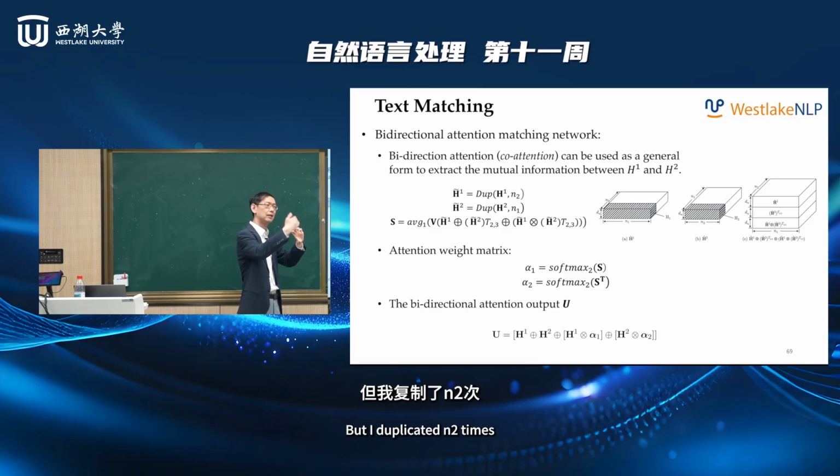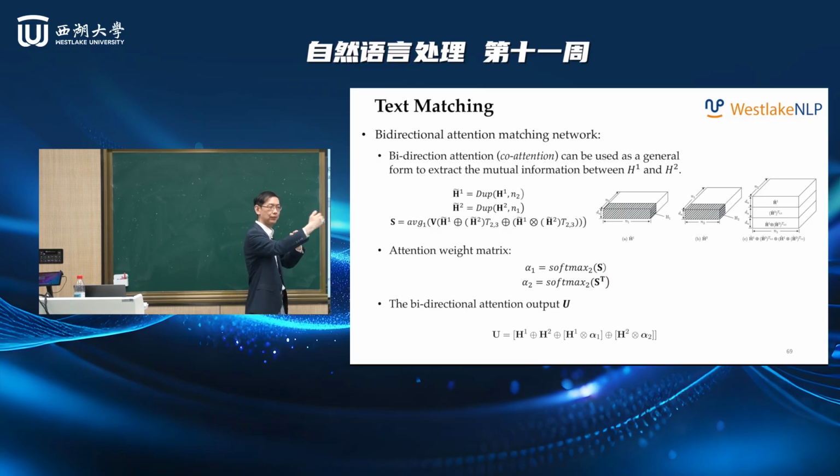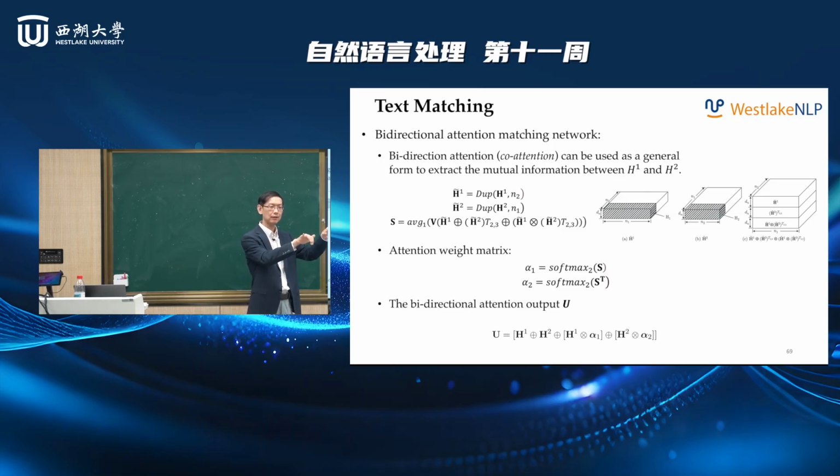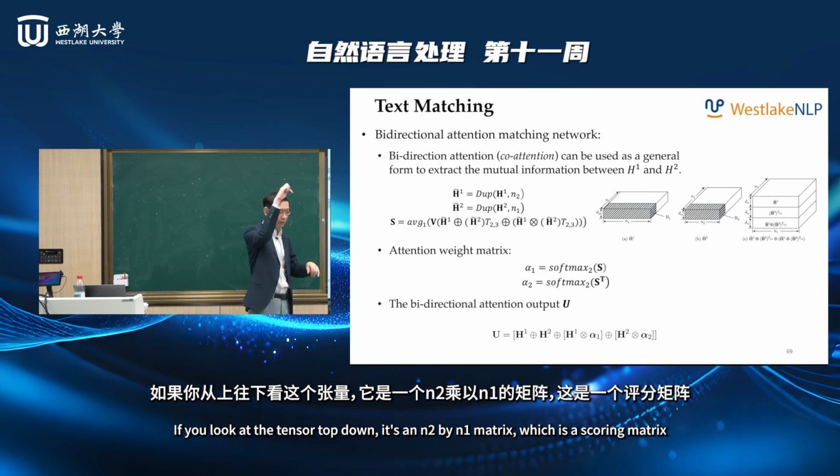But I duplicated it n2 times, the number of words in the second sentence. So it becomes a tensor of dh times n2 times n1, okay? If you look at the tensor top down, it's an n2 by n1 matrix, okay?